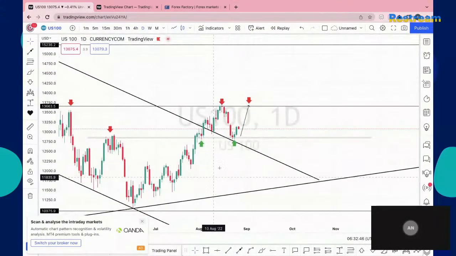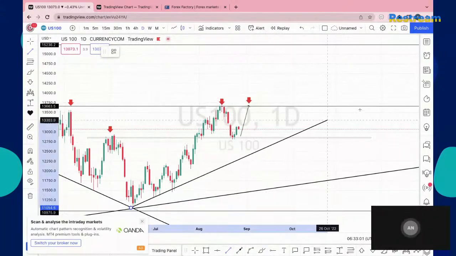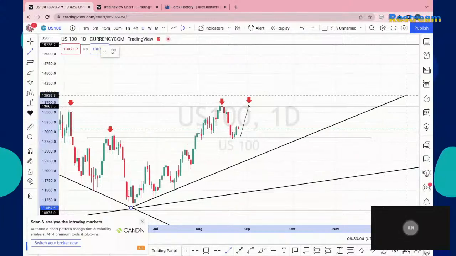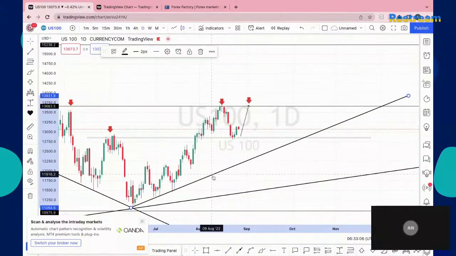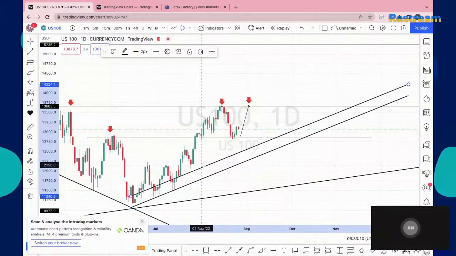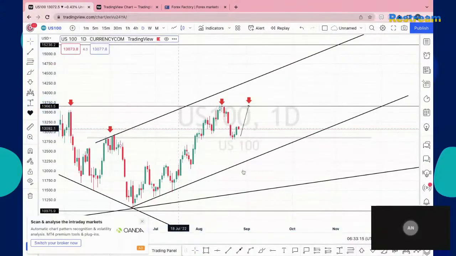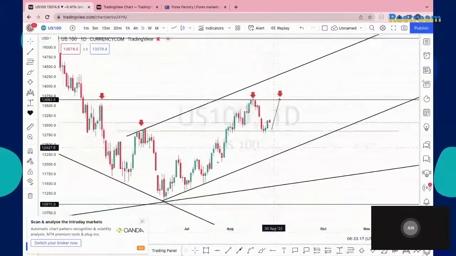So how do I confirm that I'm looking for Nasdaq buys? I broke out of my trend line, just gonna remove that, and within this trend line, I'm gonna draw another trend line here. And we actually could be in some sells, but there's this upside that we created.